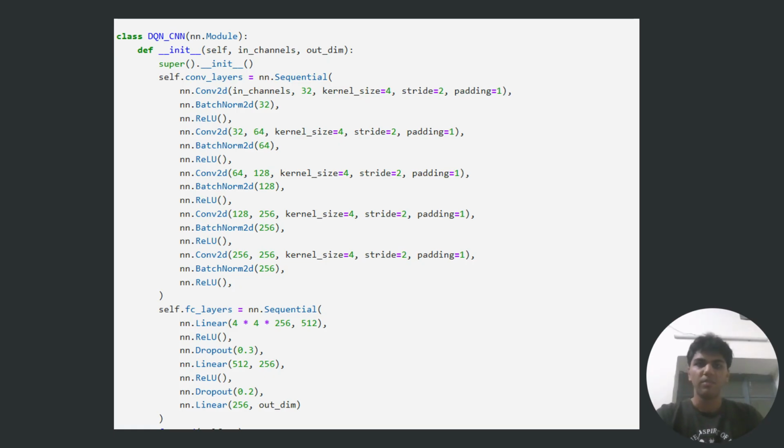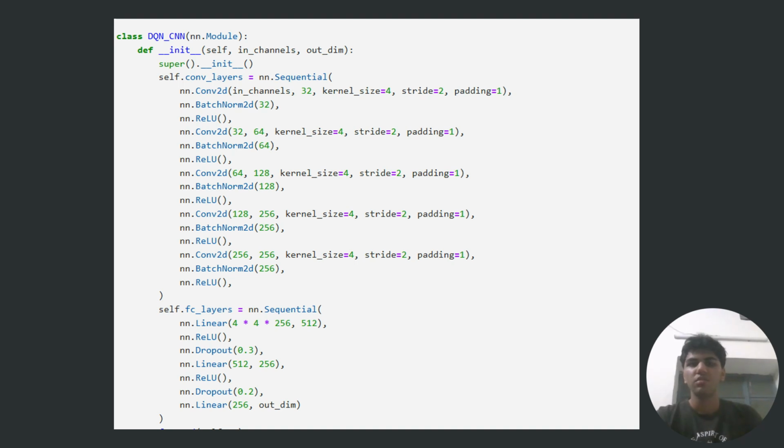Now we have a code snippet, and this code defines the CNN architecture used by the DQN agent. At a high level, it takes in multi-channel medical images, including CT slices, target volumes, and organ masks, and processes them through a stack of convolutional layers to extract spatial and anatomical features.